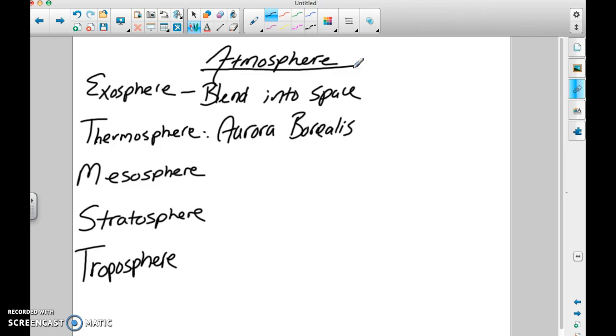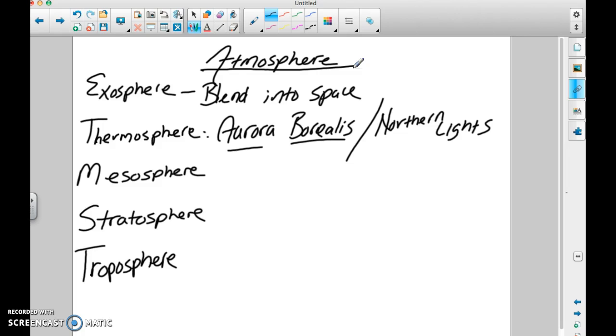It's not always called the aurora borealis on the test. Sometimes they throw a little curveball at us, and they're also going to call that, hopefully you had on your notes, the northern lights. There are southern lights. I have never seen that on a test. Same thing. Aurora borealis, it's made by the same atmospheric conditions and all the ions bouncing off of each other. All of that's the same, but it's the aurora borealis.